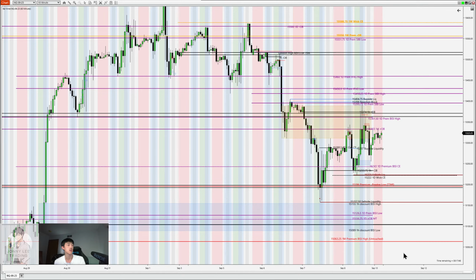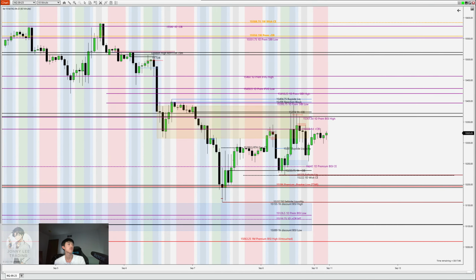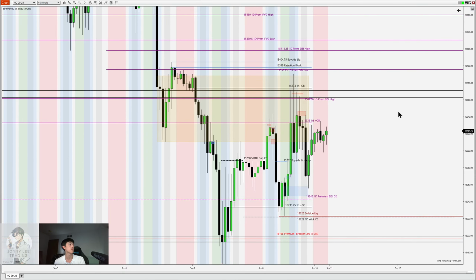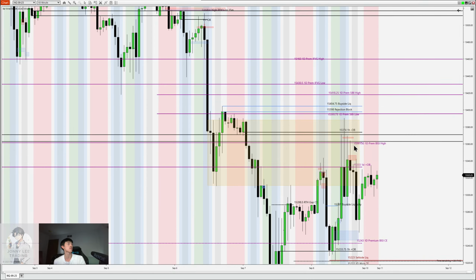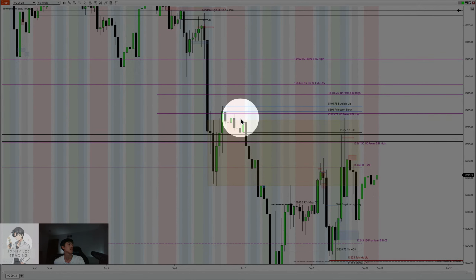I could see, let's expand this a little bit. We can see that price traded up to here on Friday and rejected. So what's left up here?